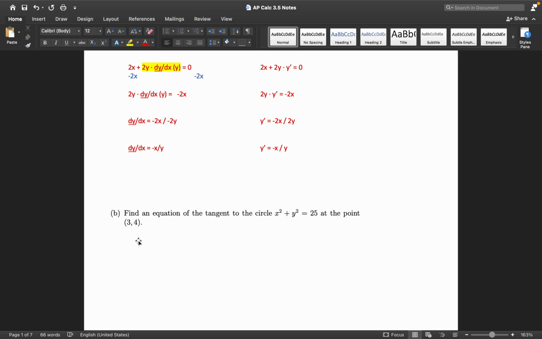So if I want to find the equation of the tangent to the circle at (3, 4), I've got this thing that I just derived.